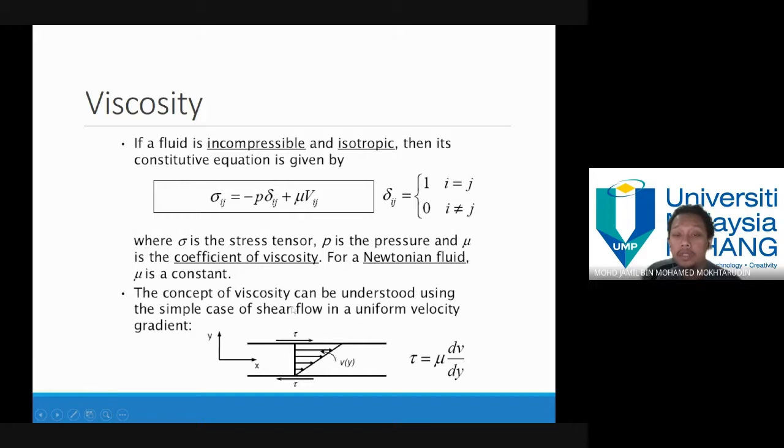The concept of viscosity can be understood using a simple case of shear flow in a uniform velocity gradient. Viscosity makes the fluid, when it moves in a cylinder or in a tube, behave like a sticky thing, okay?